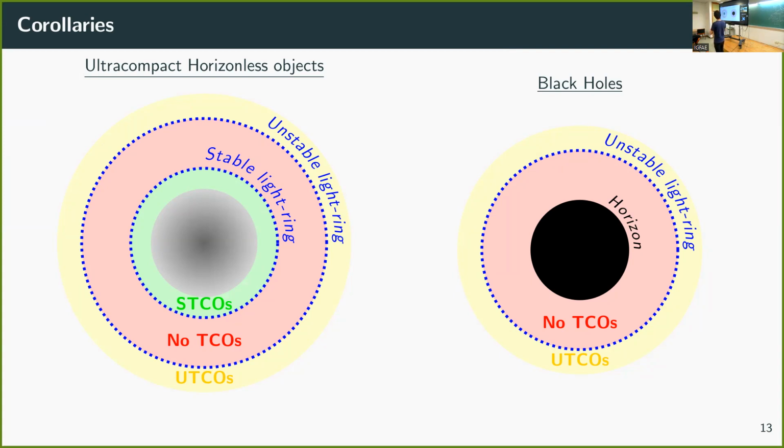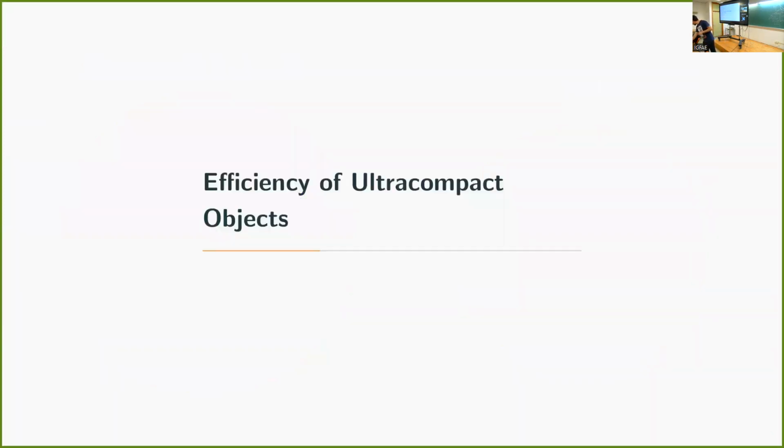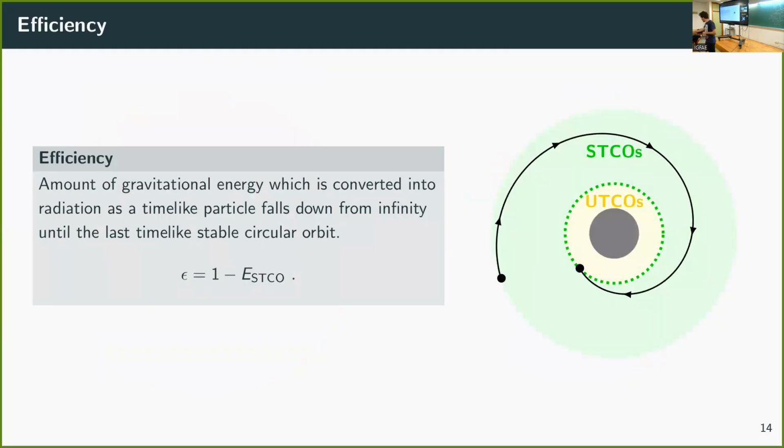And what I want to talk about now in this second part is to try to see this for exact solutions. I will show you what solutions we consider, and at the same time also consider the efficiency. So here we start the second part. So what is the efficiency?